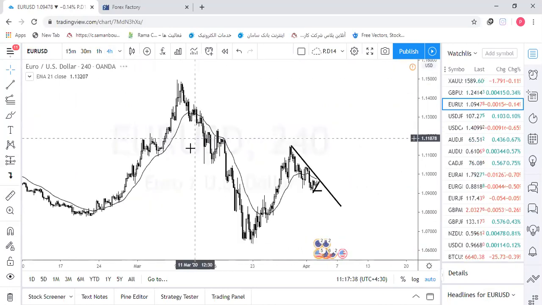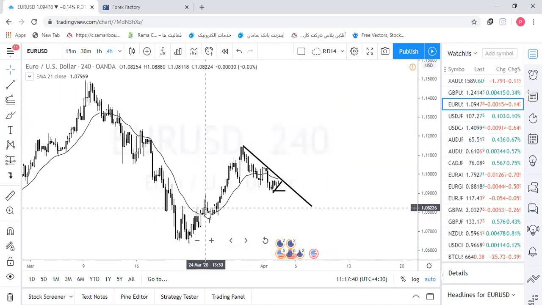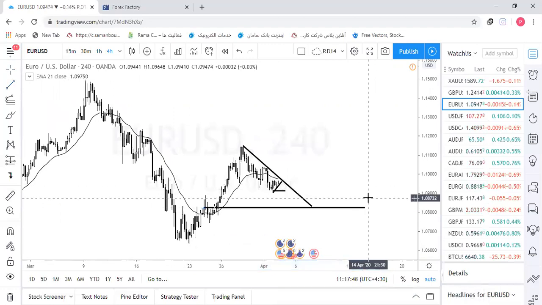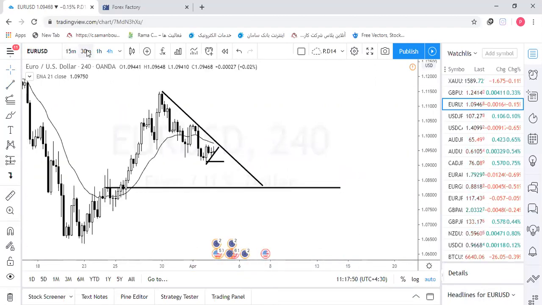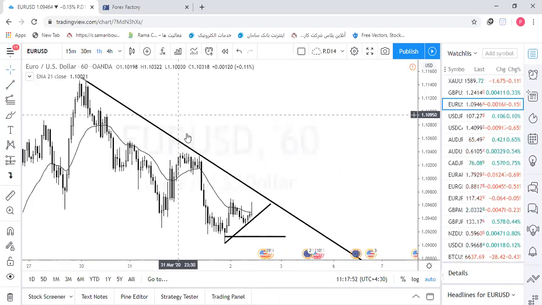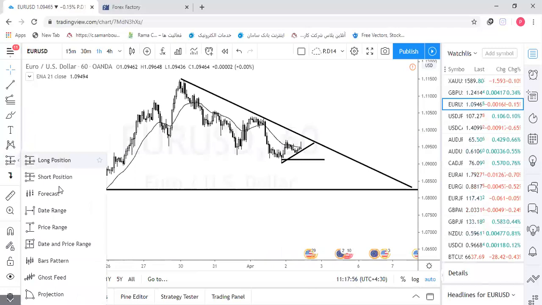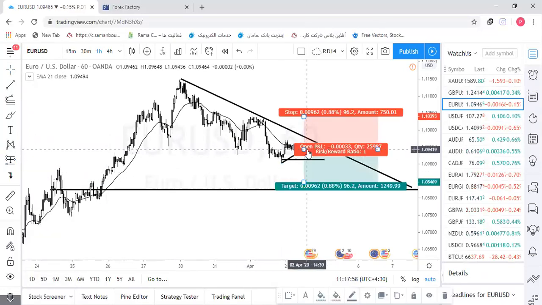So if I go in 4 hours time frame, I can see, okay, this is better. This area is the most important area. So if price break the corrective movement in the corrective movement, you can take a very good sell.